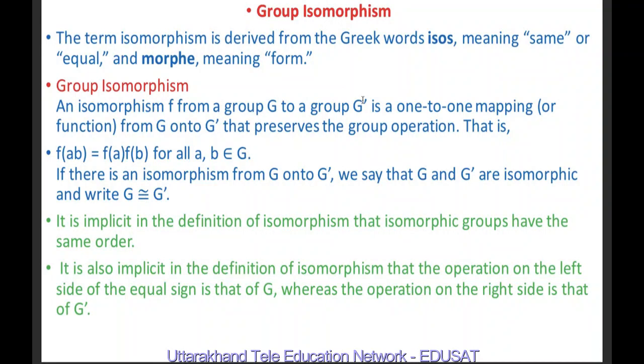It means that isomorphic groups have the same order. Secondly, it is also implied by the definition that the operation on the left side of the equal to sign is that of G, whereas the operation on the right side is that of G dash.